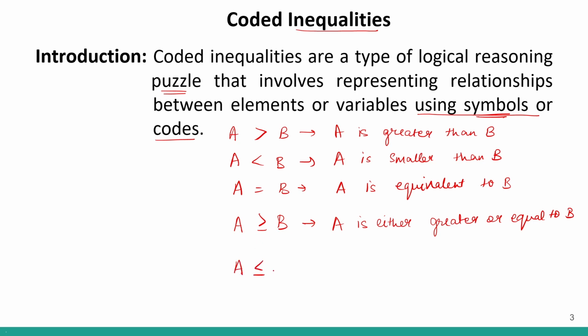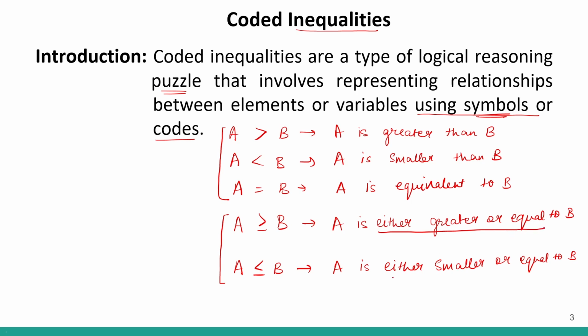Similarly, we have this symbol. This symbol means A is either smaller than B or equal to B. So in these two symbols, there are two possibilities. In these three symbols, there was only one possibility each: either A is greater than B, A is smaller than B, or A is equal to B. In these two scenarios, we have two possibilities: either greater or equal to, or either smaller or equal to.